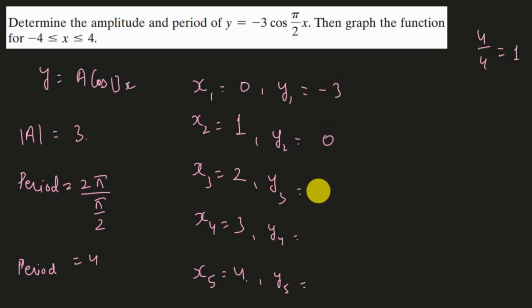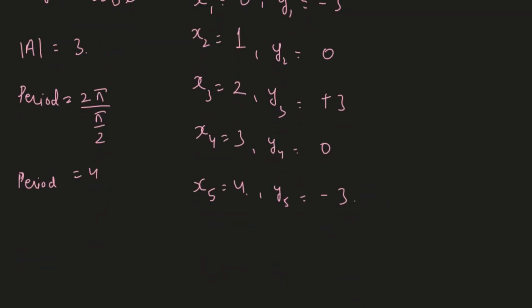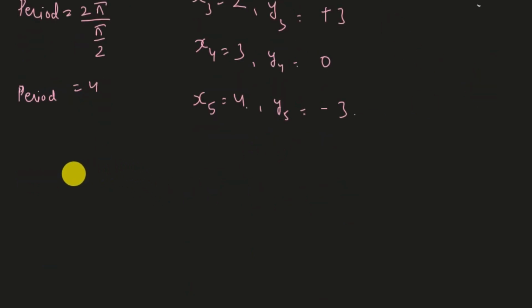Then you will get 0, then you will get plus 3, because when you put x as 2 here, this becomes cosine pi, and cosine pi is minus 1. So minus 1 times minus 3 is 3, then 0, and then again minus 3. So these are the values. You can plot this on the graph paper. So here I'm plotting it.